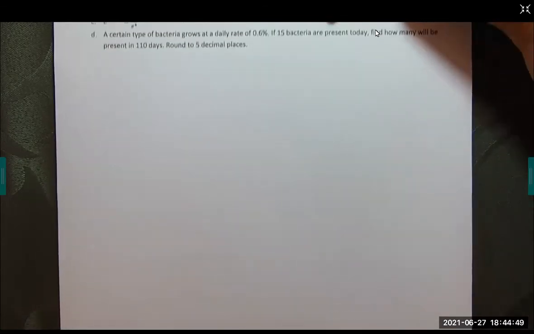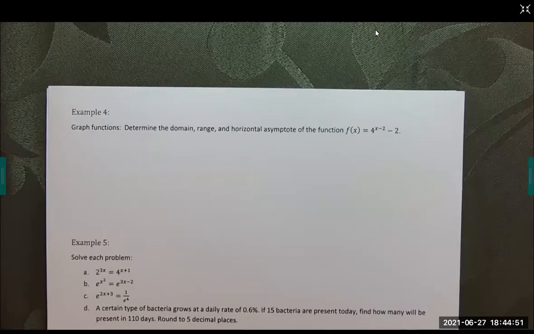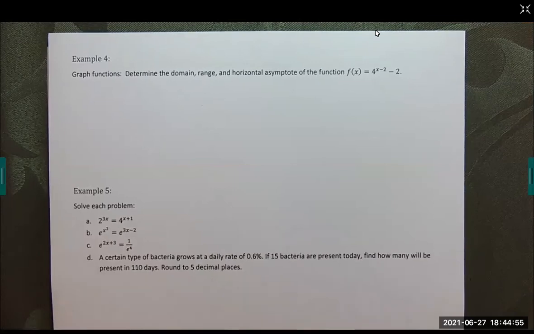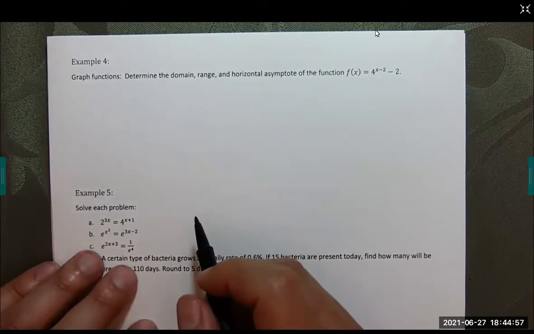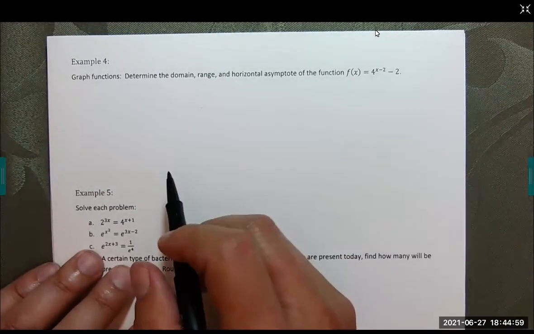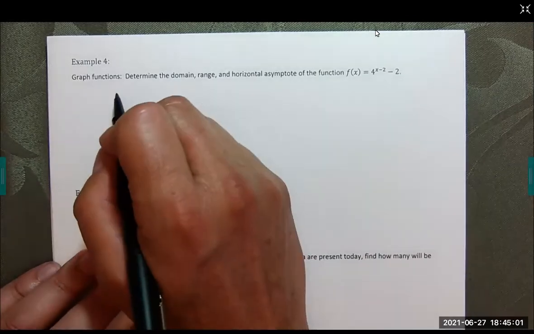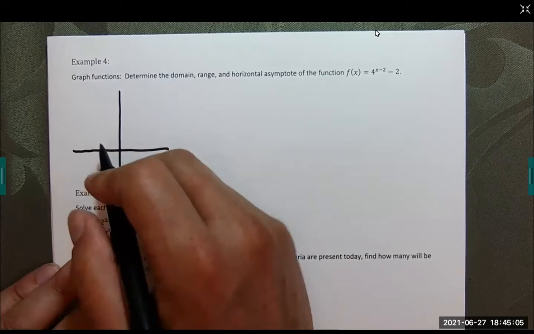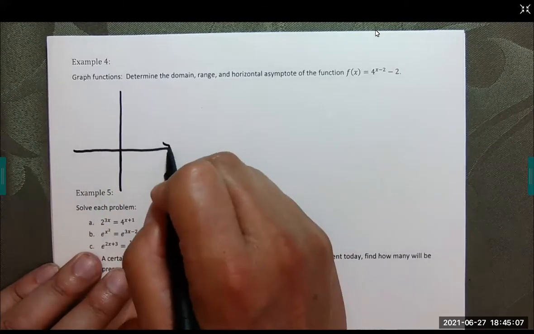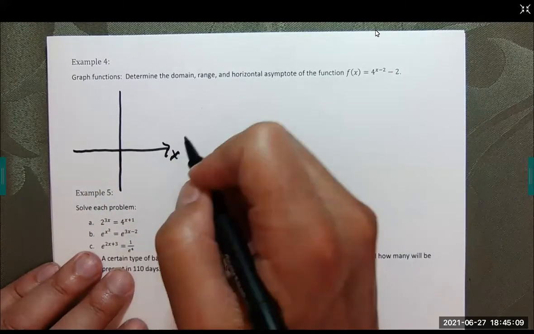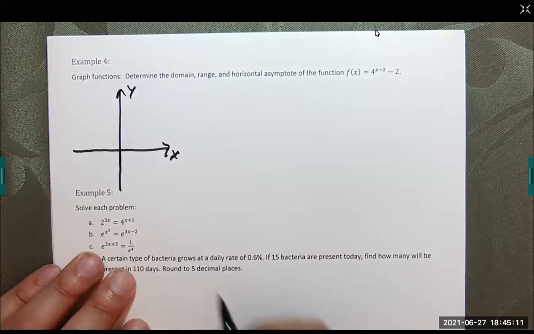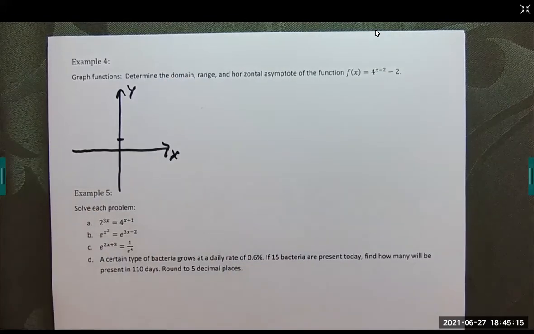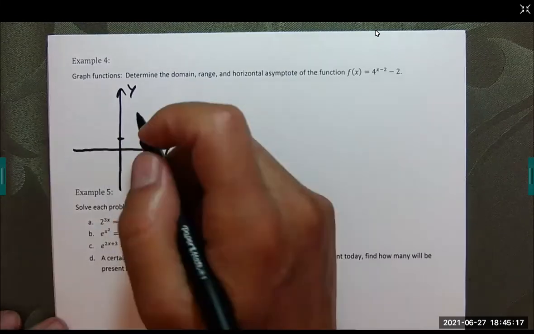And example 4, we're going to graph the function. And I'm going to start with, and we'll talk about domain and range and asymptotes and stuff like that in a second. So let's start with the generic graph. So the generic graph, I'll draw in black actually.